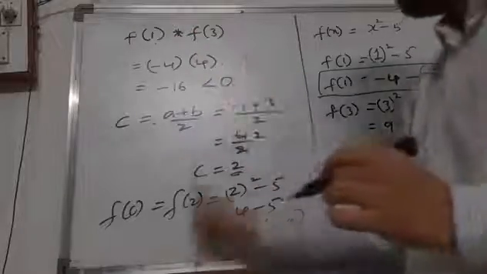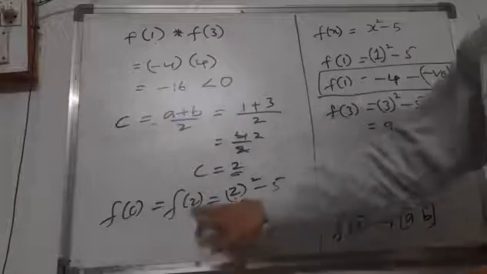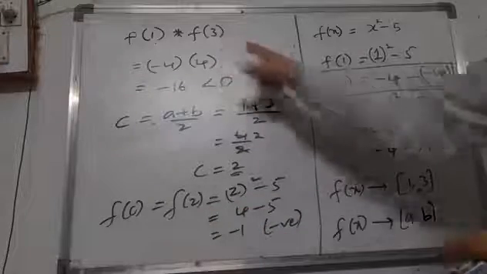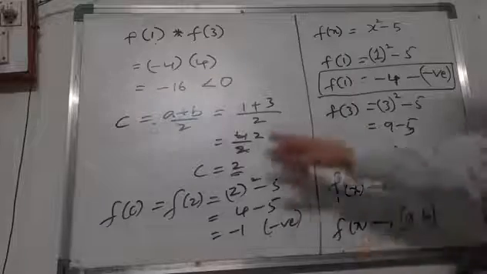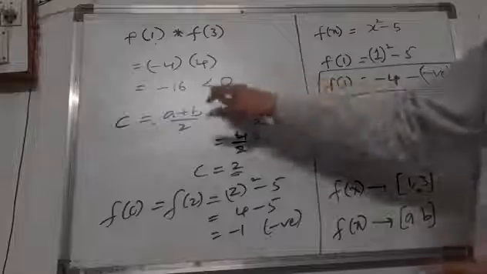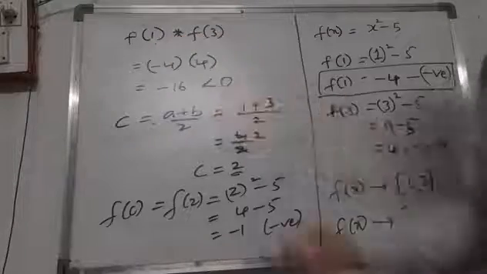So we have to do f of 2 into f of 3. Why? Because f of 2 is a negative value and f of 3 is already a positive value, so positive into negative will be negative. Our aim is always to find a product less than 0. If you multiply the two function values and it is less than 0, then only we can proceed forward.